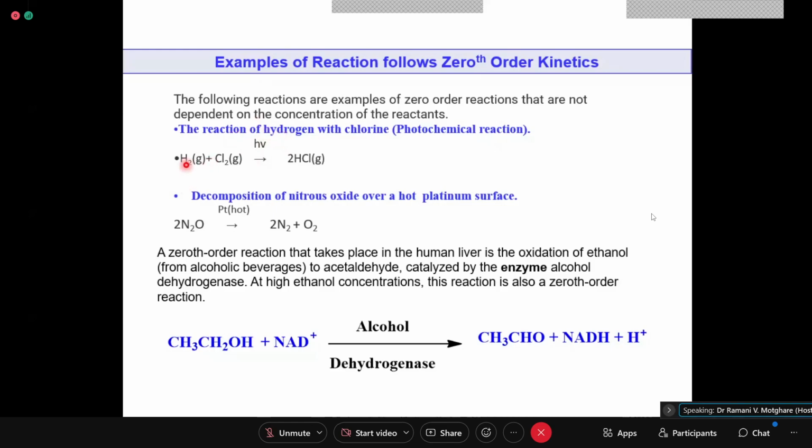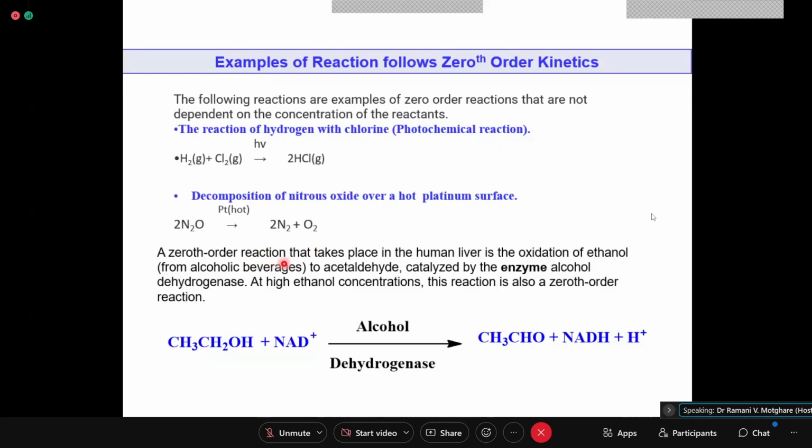You get formation of HCl gas from H2 gas plus Cl2 gas. Then decomposition of nitrous oxide over a hot platinum surface: in presence of hot platinum, nitrous oxide N2O forms N2 plus O2.